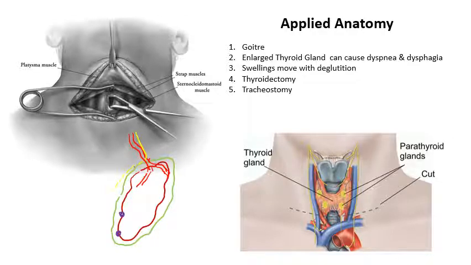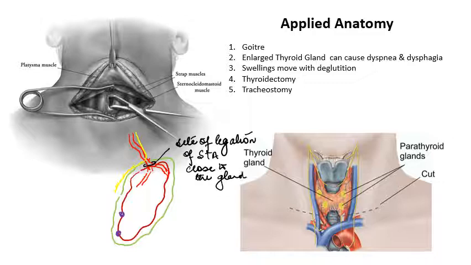So at this point in time, when we want to ligate this structure, we have to remember that the superior thyroid artery is ligated close to the gland.